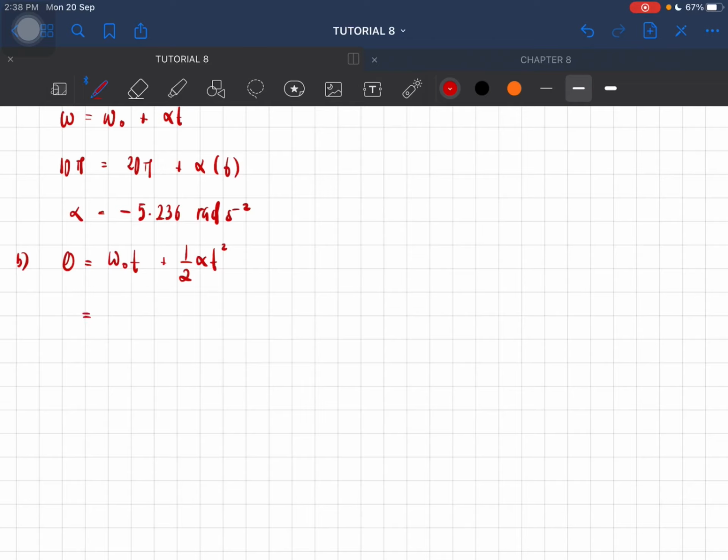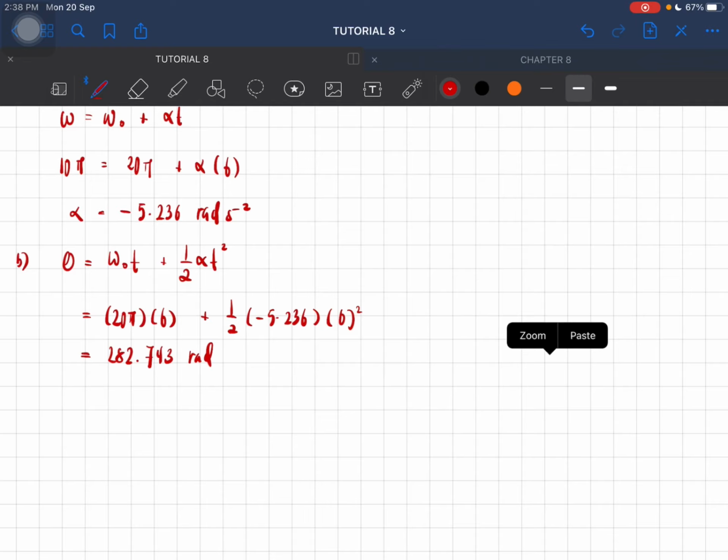So this is 20 pi times 6 seconds plus half times negative 5.236 times 6 square, so this is equal to 282.743 radians.